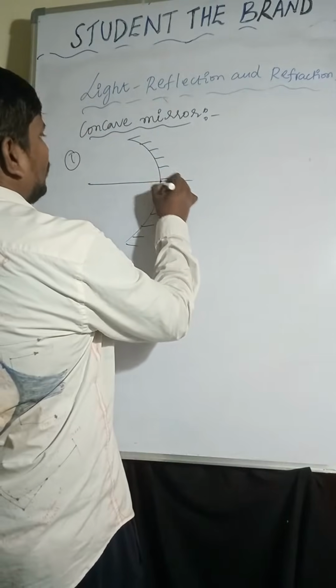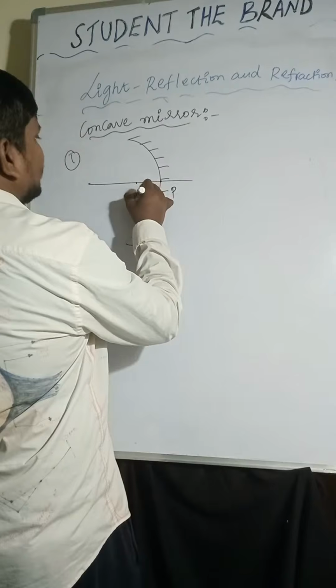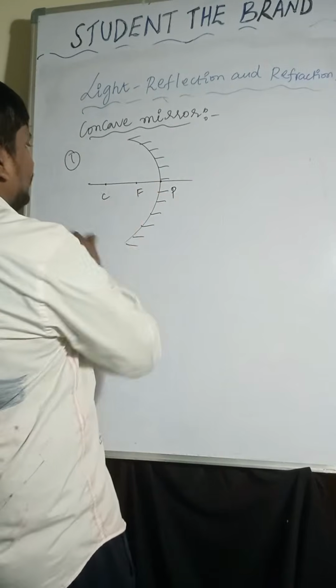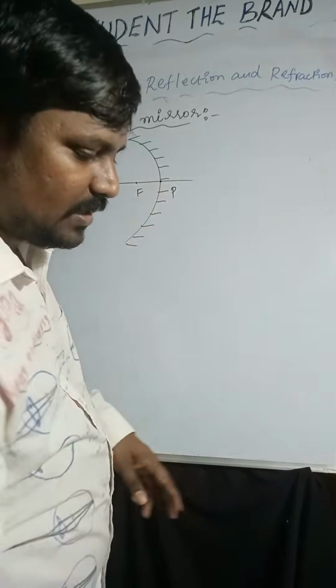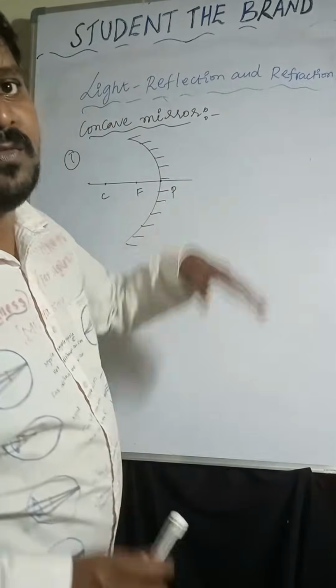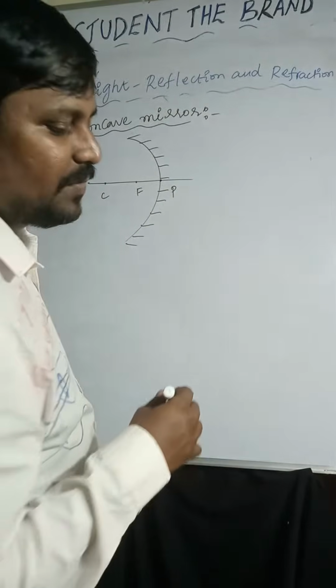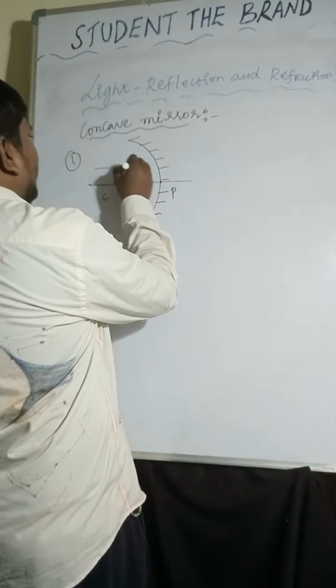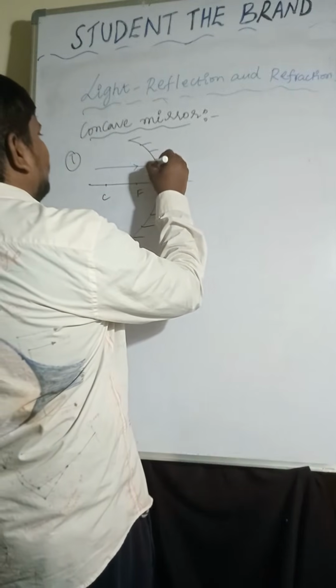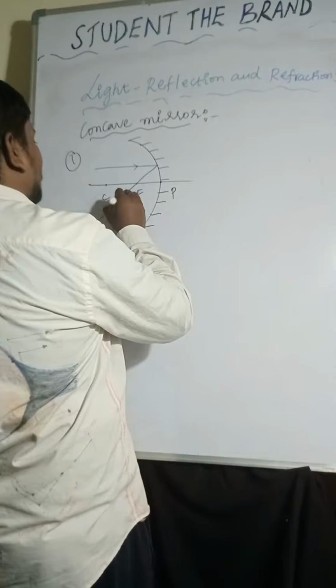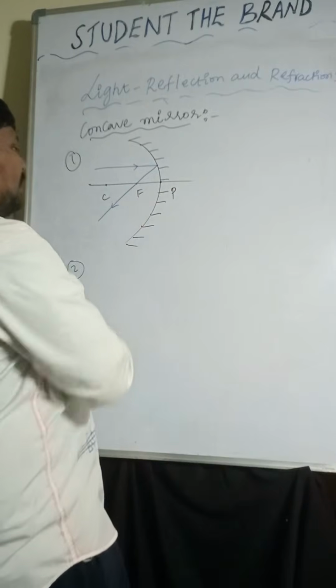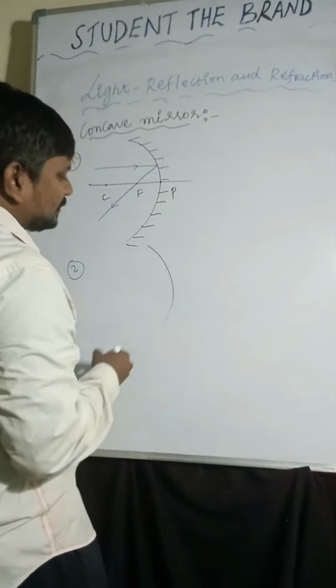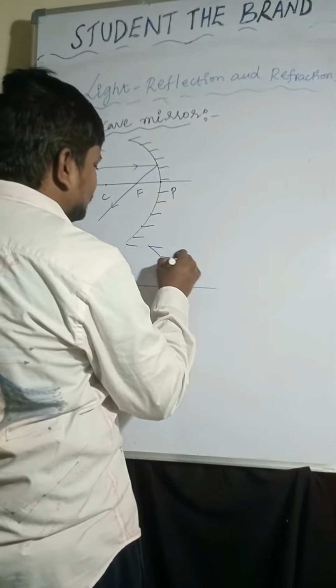This is the pole, focus, and center of curvature. If the light ray is coming from infinity, after reflection, it passes through the focus. That is point number 1.